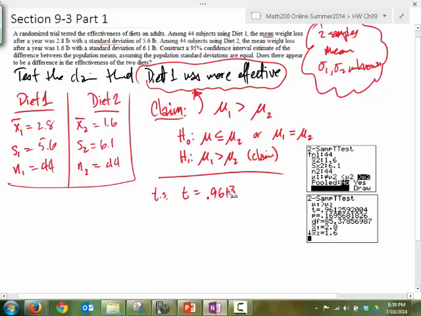When your test statistic is pretty close to 0, there's a good chance that you're going to fail to reject the null hypothesis. Usually large test statistics for t, the further you go out, the smaller the probability values are. So the p-value, in this case, what we'll be looking at is 0.1695, 1696.